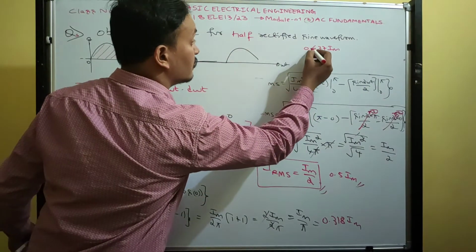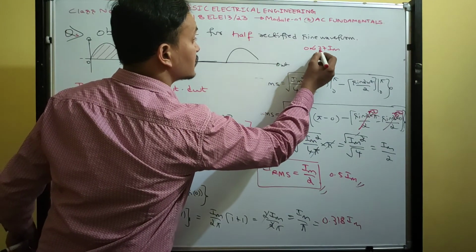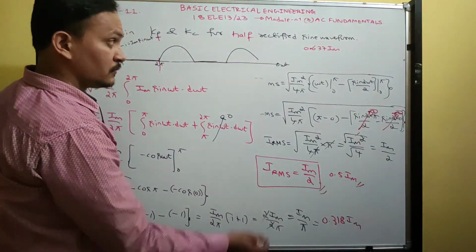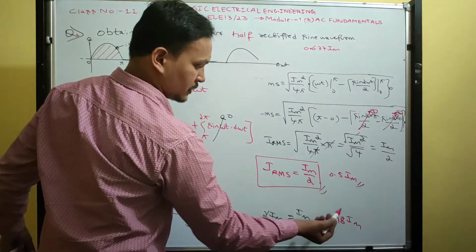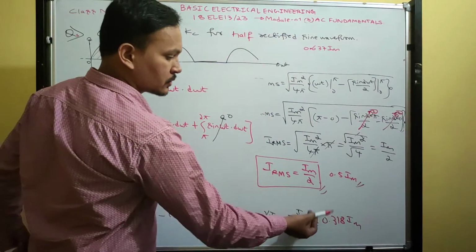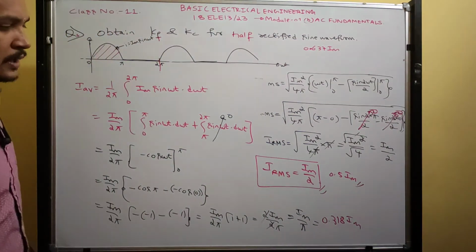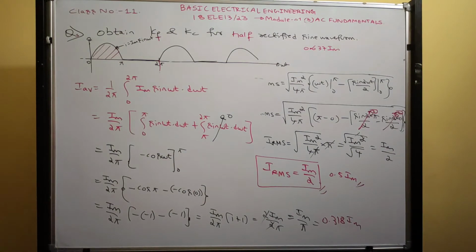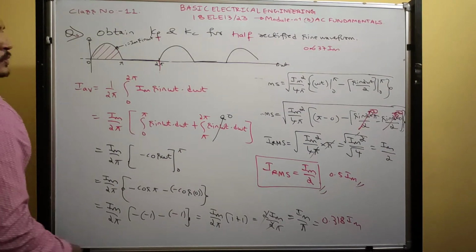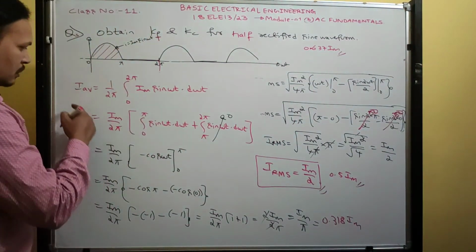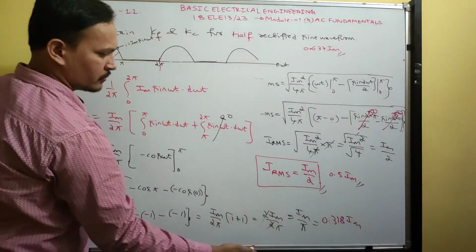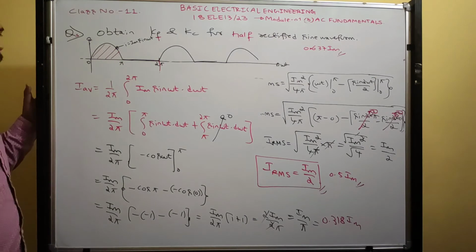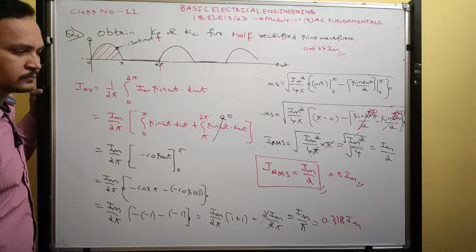You take half of that, you will get 0.318. So the average value of a half rectified waveform is 0.318 times of Im. So pause the video and then copy down.